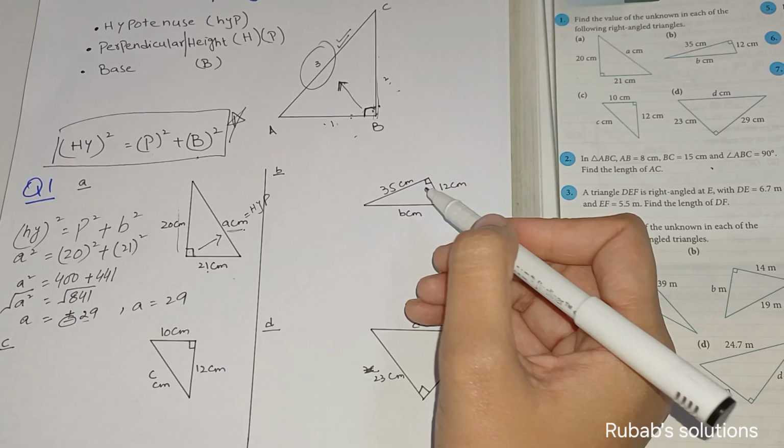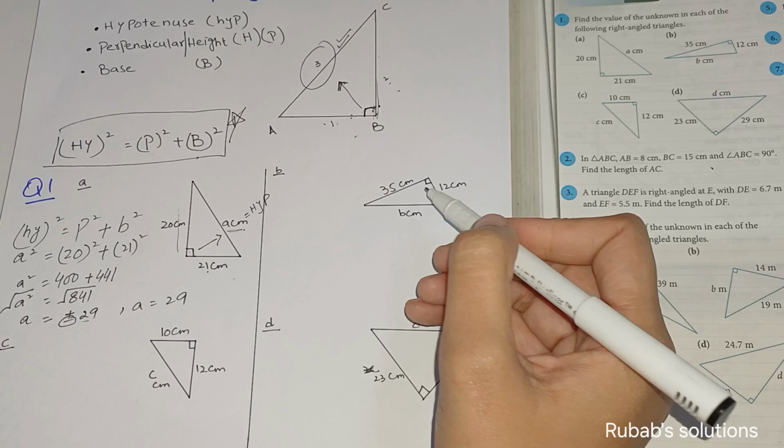So identification is very important. First of all, you have to identify. After that, we can apply the formula and we can simplify it. Because if you want to find out the perpendicular, then obviously this base will shift to the other side and it will get subtracted. So whenever your identification is wrong, that means you cannot apply it rightly.